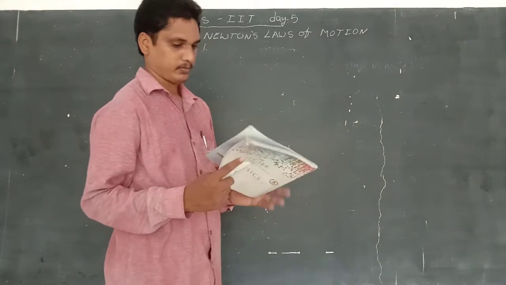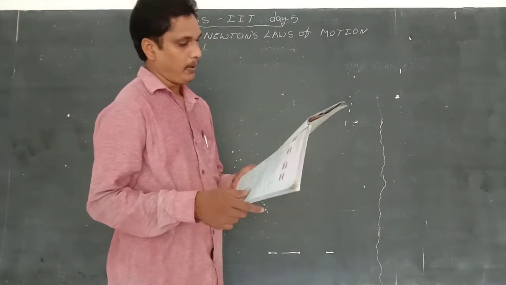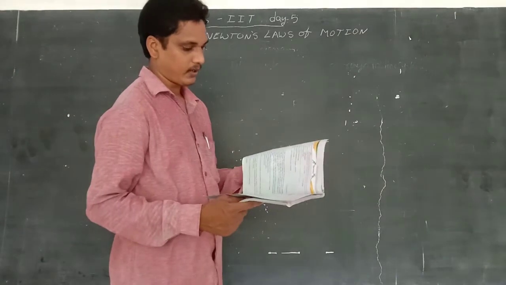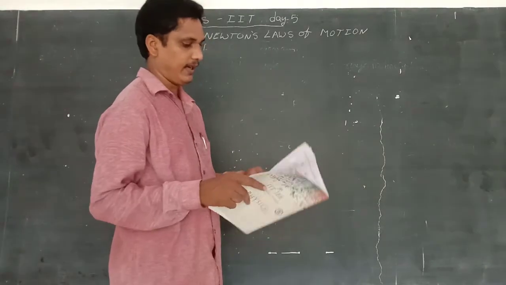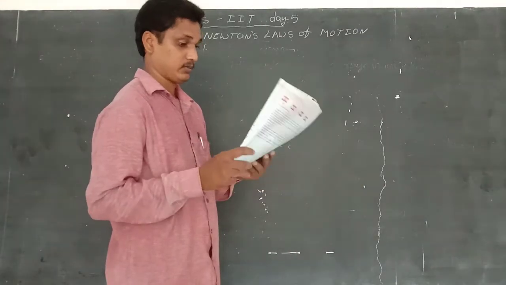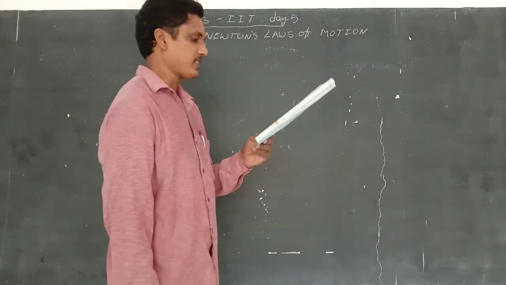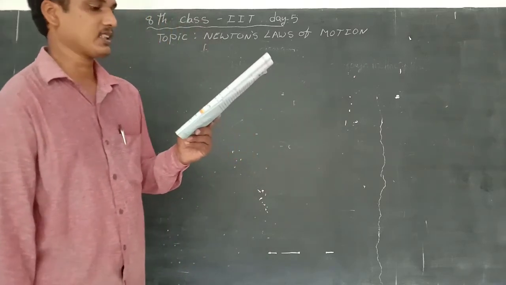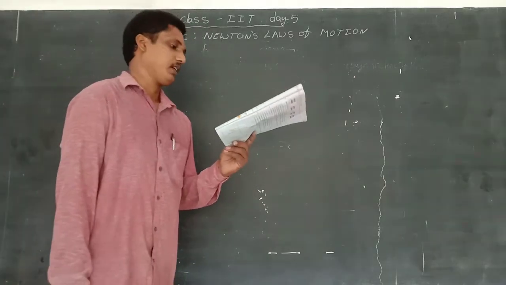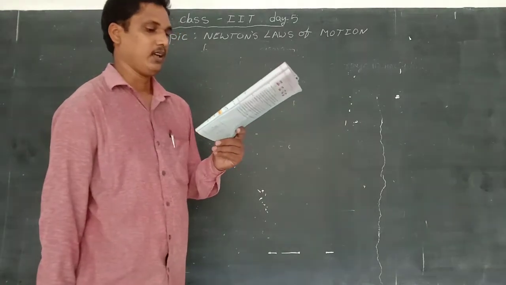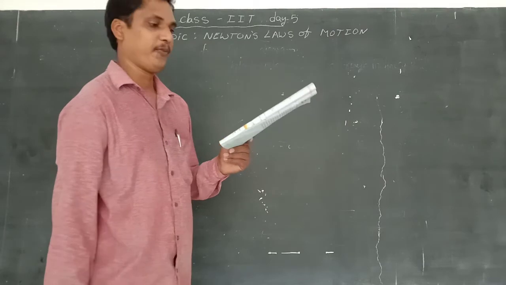Handsheet 2, page number 14. First bit. If two bodies are in contact, the force that exists between the two bodies is the normal force and frictional force.